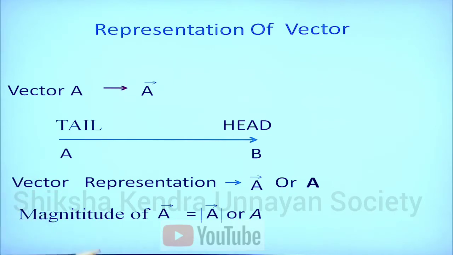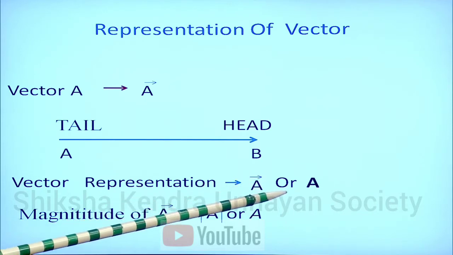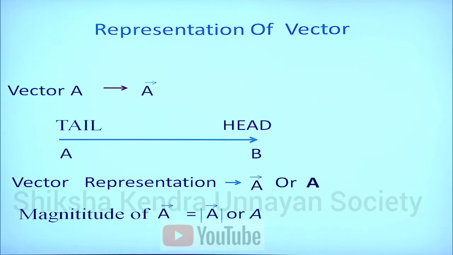Also, we represent the vector as an English alphabet with an arrow above it. The vector A is represented by A with an arrow above it, or simply, in your text you can find it as a bold English alphabet, that is A.